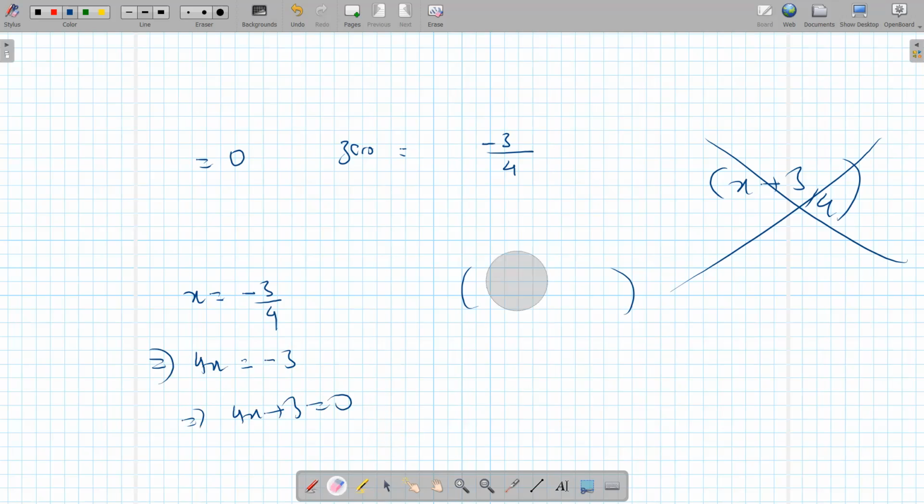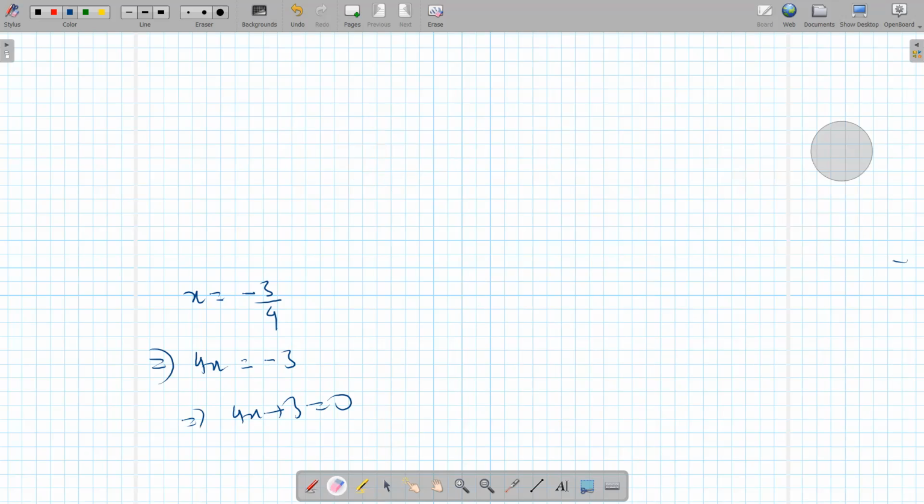Okay. Let's try another one. Use the same idea, right? x equals negative 6 over, what's a prime number? 11. Tell me, what is this in the factored form?